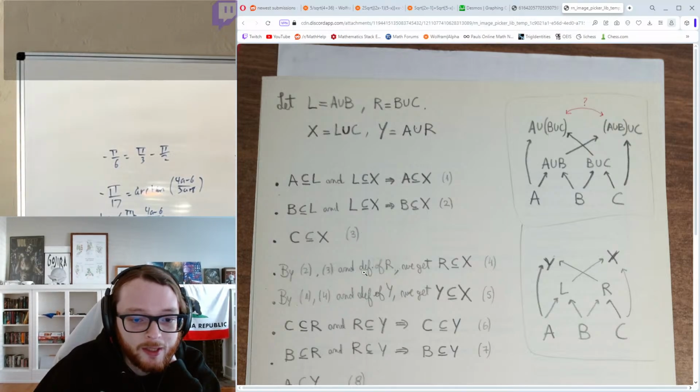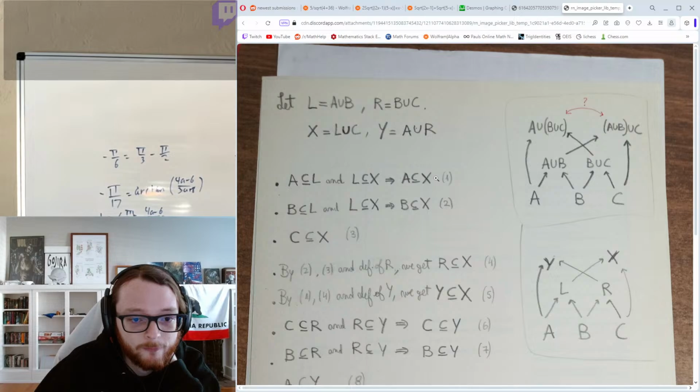By 2, 3 in the definition of R, we get R as a subset of X. So we're talking about B and C, which make up R. Since B and C are both subsets of X, then R must be a subset of X. Okay. Transitivity. Okay.